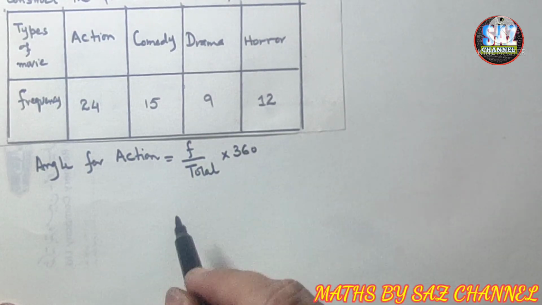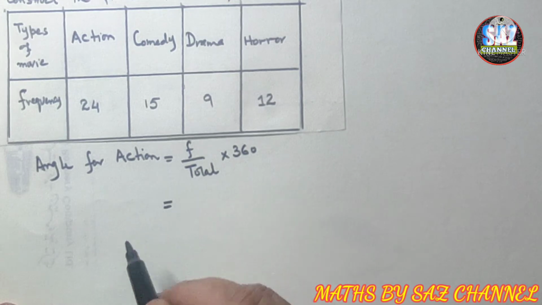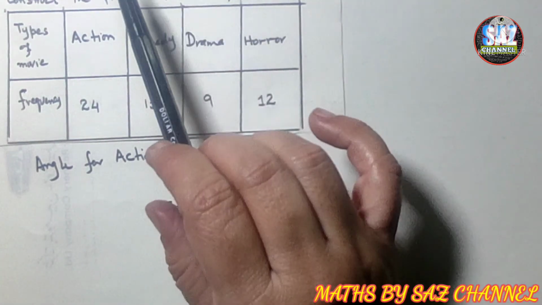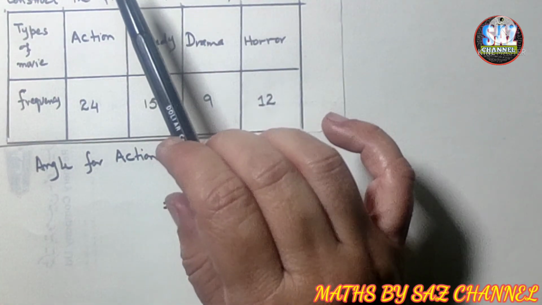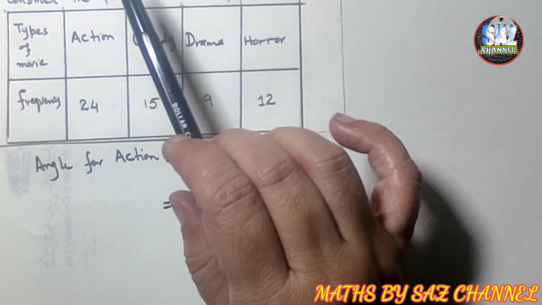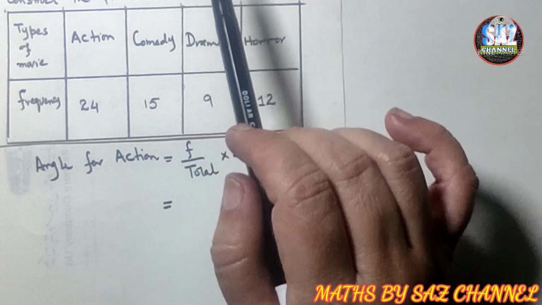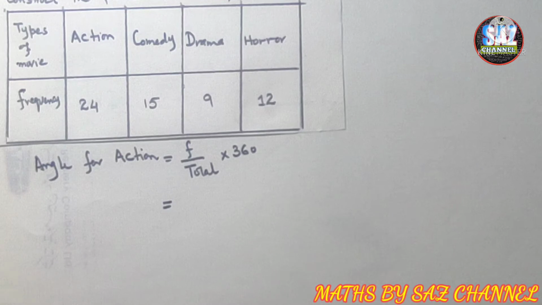Now recall how to find the total. One thing is that we have to read the question carefully. Here the question has already given that 60 people were asked, okay, but if you don't find the total in that way, you can add up the values which are given: 24 plus 15 plus 9 plus 12, and this is 60.